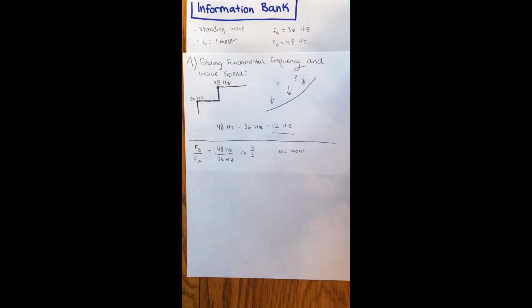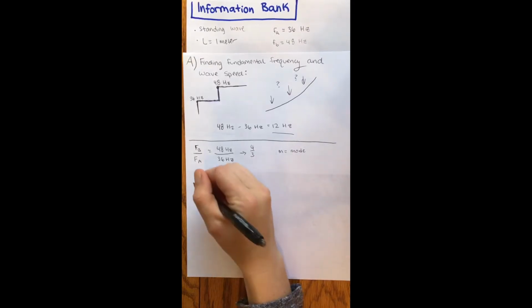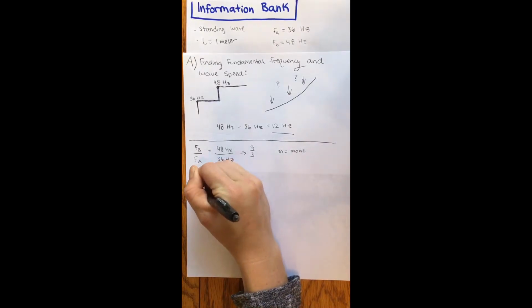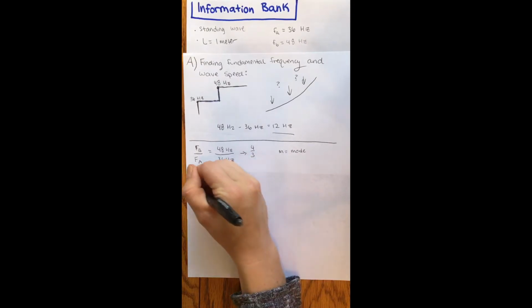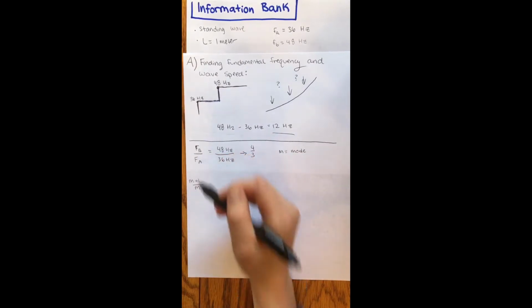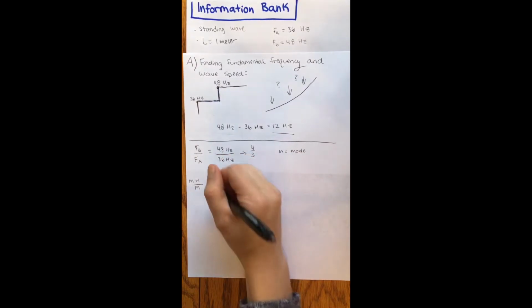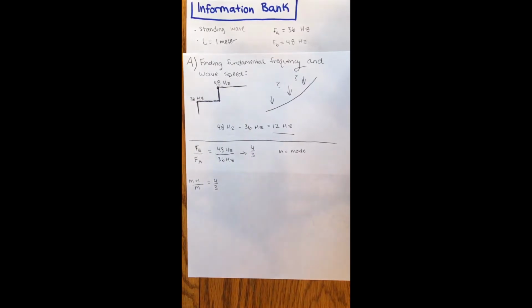Once again, we have to remember that these are given as successive frequencies, so we can assign the first one to m, and since one's right after the other, we can say the other one is m plus 1, and set this equal to the ratio that we just got, since they are equivalent. Then all you have to do is solve for m.